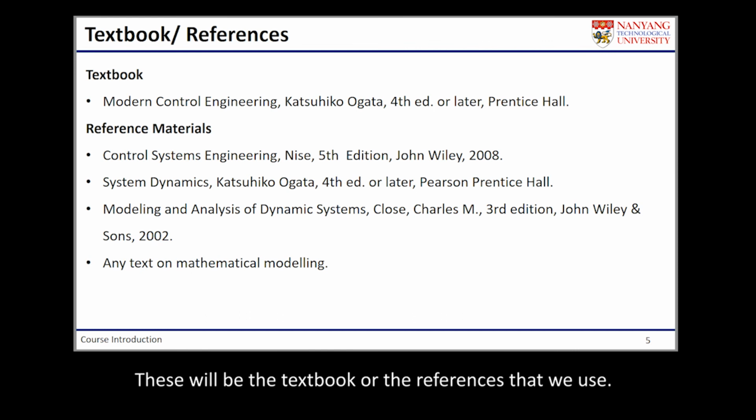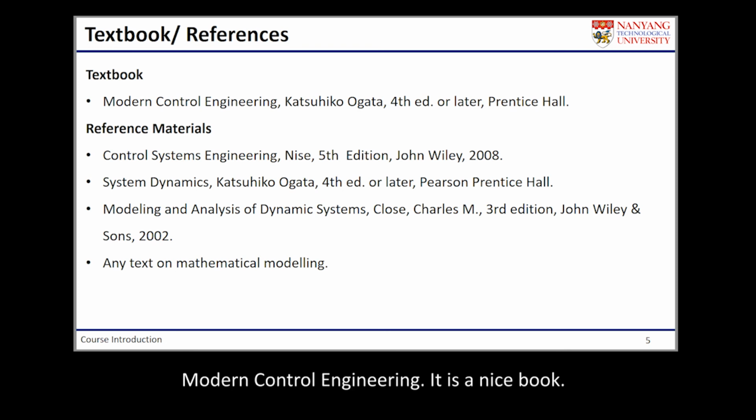Okay, and these will be the textbooks or the references that we use. We will mainly use the textbook from Katsuhiko Ogata, Modern Control Engineering. It's a nice book. You can easily read it. But in addition to that, there are some other relevant references that you can use.